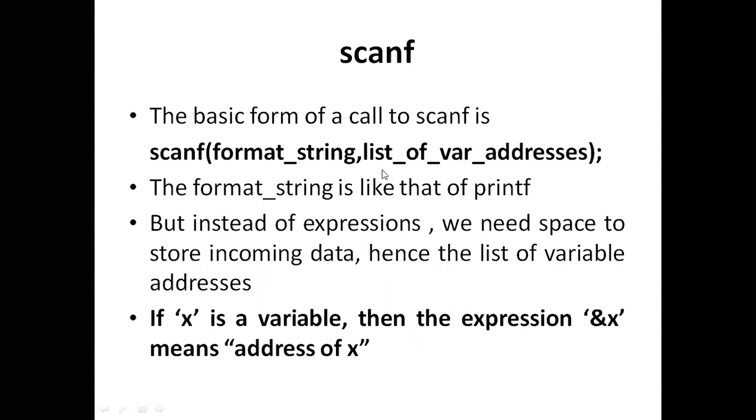Instead of the variable x, what do we need to indicate? The address of x. And &x is nothing but the address of x. This is what we need to indicate here.